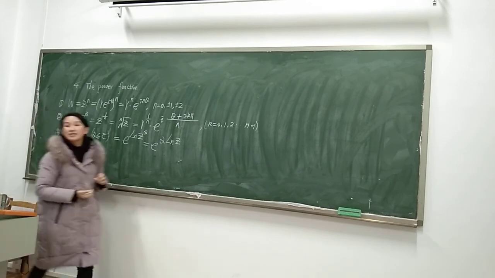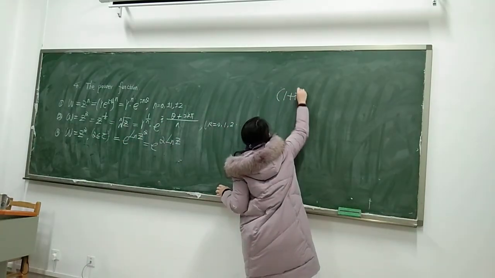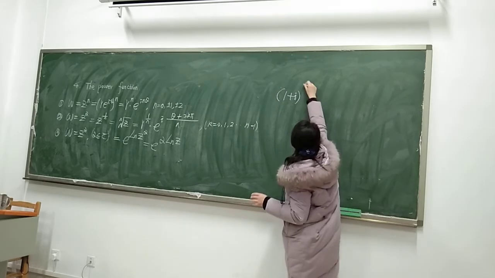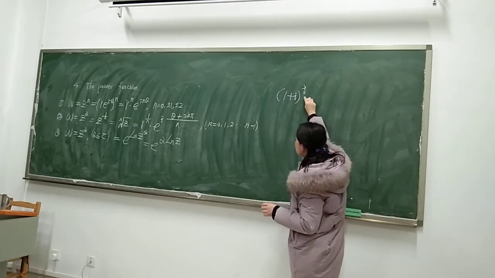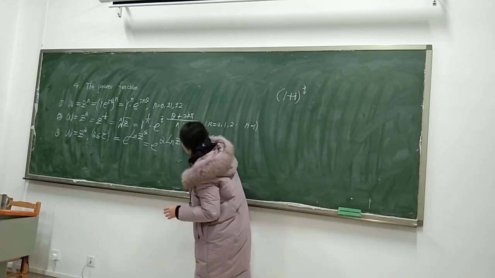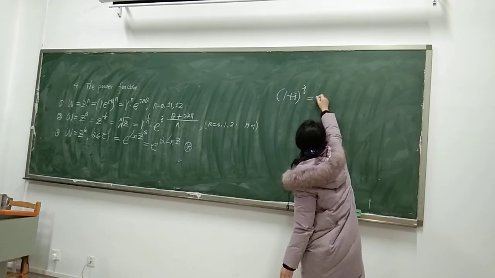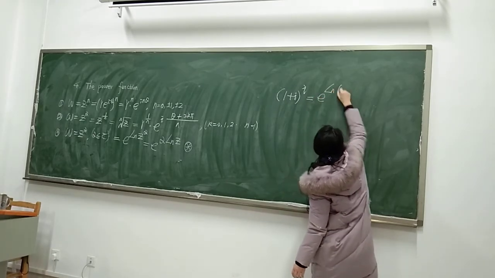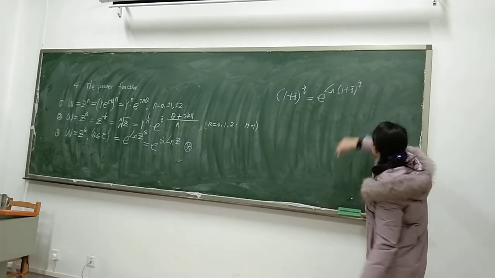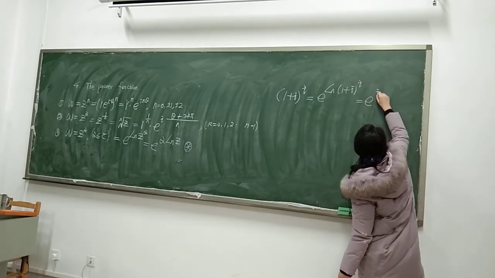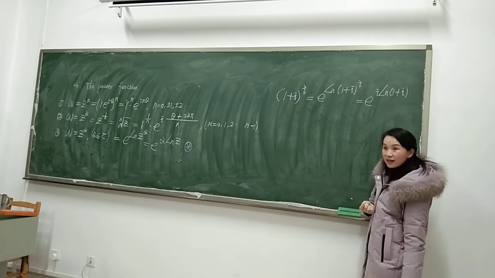For example, if you want to compute this, this is complex, this is also complex. If you want to compute this one, you must use this formula. Okay? You can write e to the ln. Okay, so you can write e to the i.